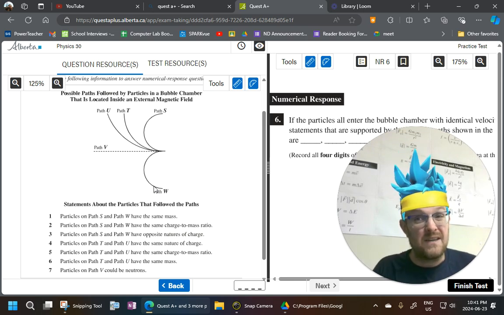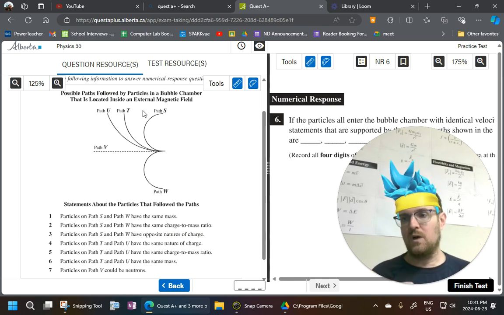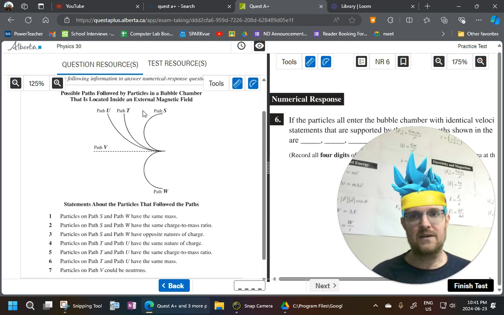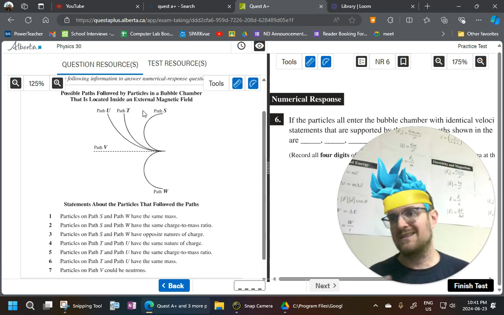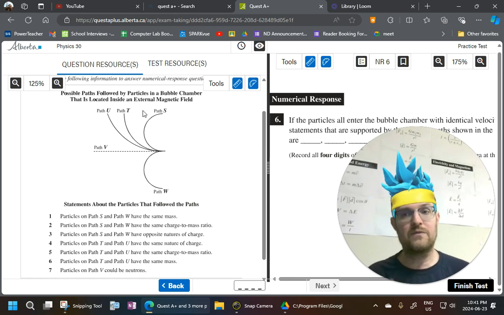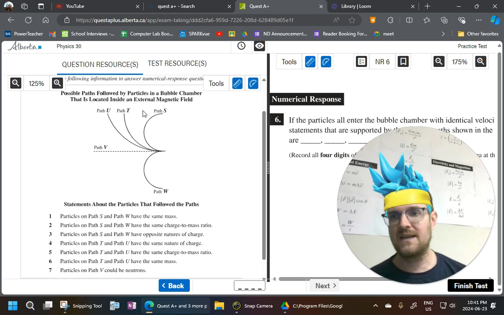Actually, I have no idea if they have the same mass. I know they have opposite charges, but because I don't know the actual charges, if one has more charge than the other but less mass than the other, maybe it would result in the same curve. So we don't know if they have the same mass, but if you look at the next line down, we do know they have the same charge to mass ratio.